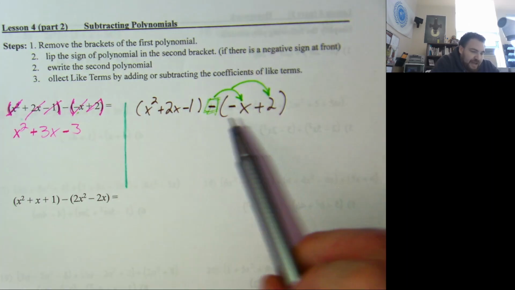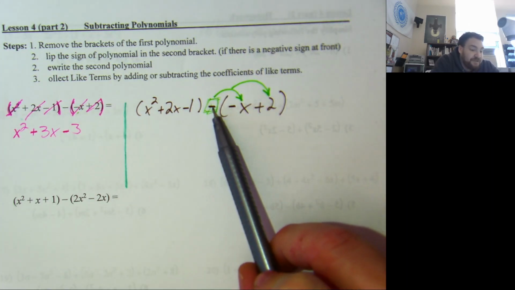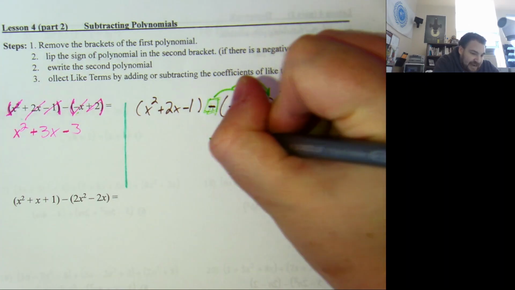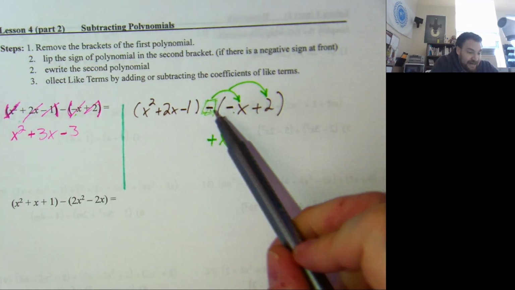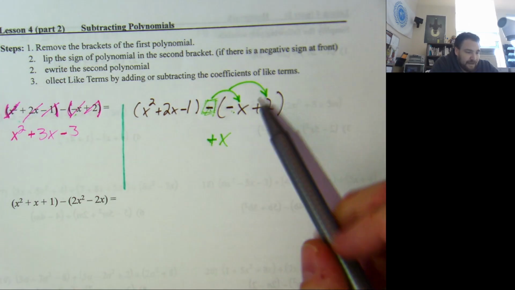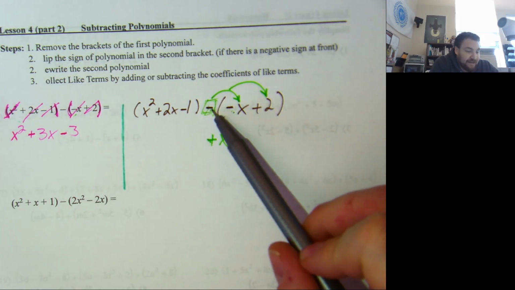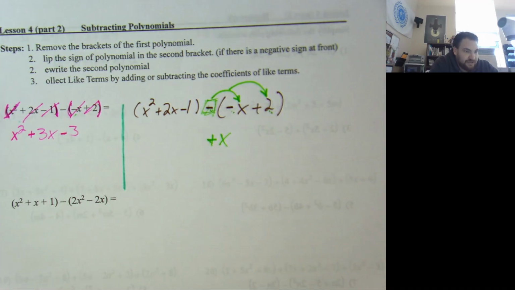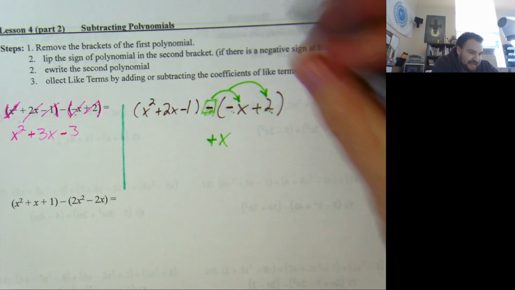So when I do that, if I'm subtracting a negative x, as was said before, that's the same thing as adding x, or a negative times a negative is a positive. It's the same idea. Here, I was subtracting +2. Well, subtracting +2 is the same thing as subtracting 2, or a negative times a positive is a negative.